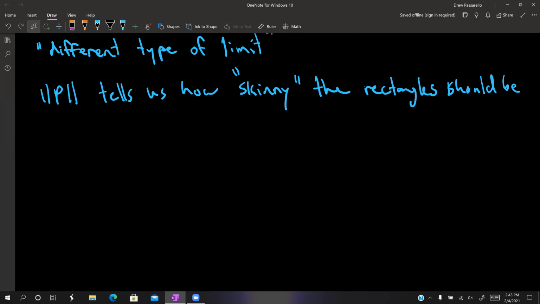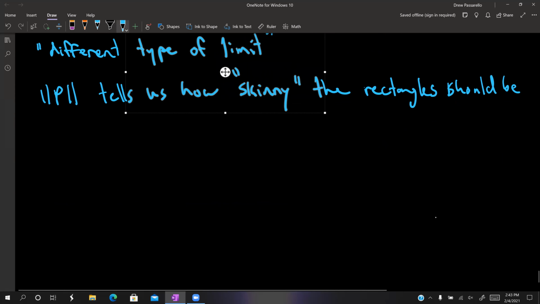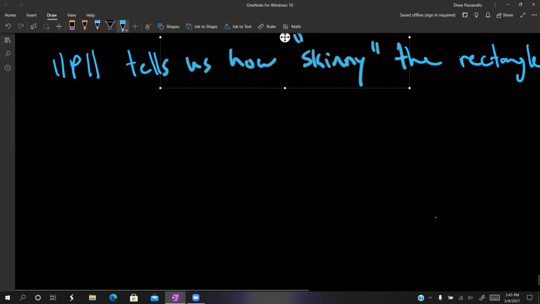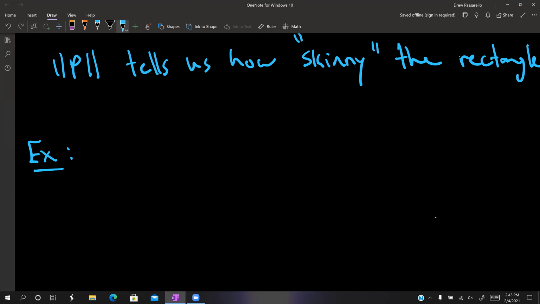All right, so here's our first example of showing something is Riemann integrable. Say I'm given the function f of x is equal to 4. Let's check that it's Riemann integrable.